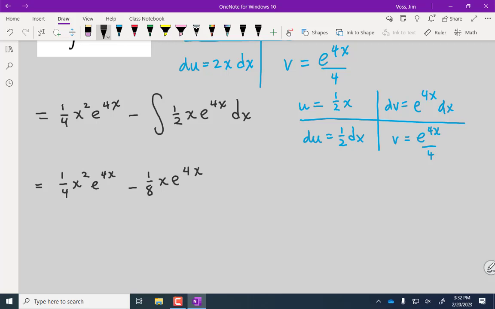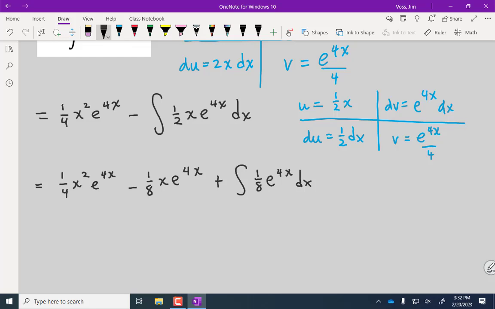Minus the integral of v du, but remember we had this leading minus out in front, so it's actually going to become plus the integral of v du. So plus the integral of the bottom row, v du, and that is 1/8 e to the 4x. And once again, we see the integral and we say, oh gosh, that's easier, moving in the right direction.